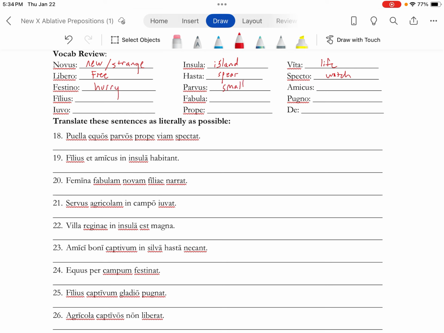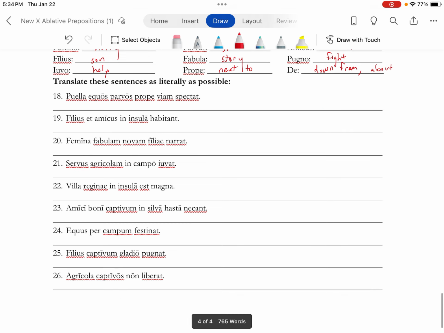Parvus, small. Amicus, friend. Filius, son. Fabula, story. Pugna, fight. Juvo, help. Prope, next to. De, down from or about. All right, and we're going to use those to translate these guys.